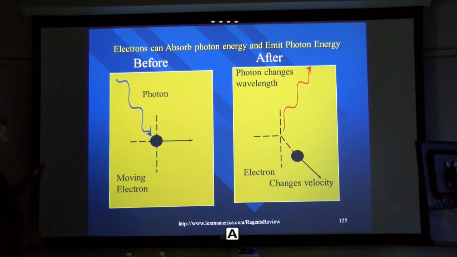You say, well, what are these photons? What's that about? Okay? Well, while they studied the model of the atom, they also studied how electromagnetic radiation, which is basically energy that's composed of these things called photons. Now, believe it or not, you've seen graphs and charts about electromagnetic radiation before in another science class, before chemistry.